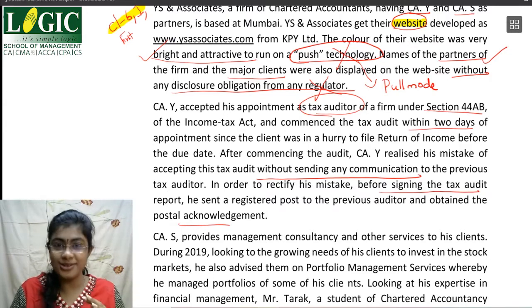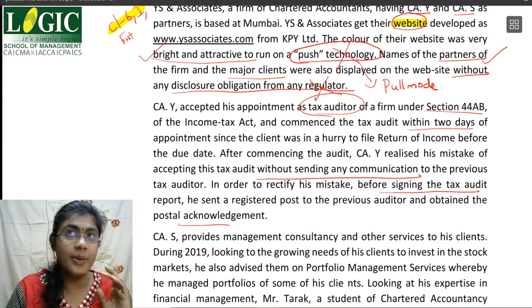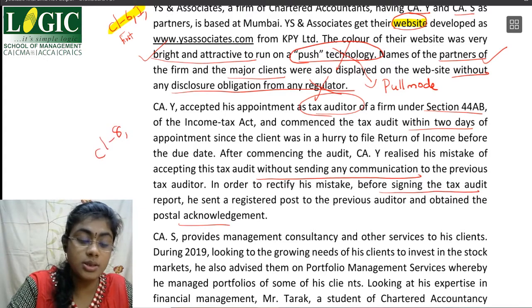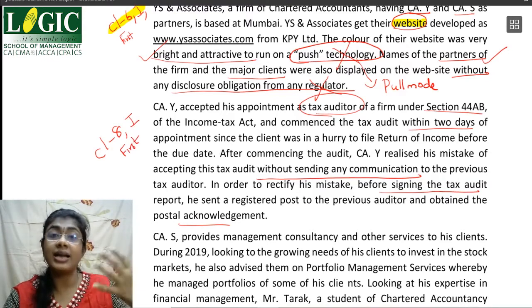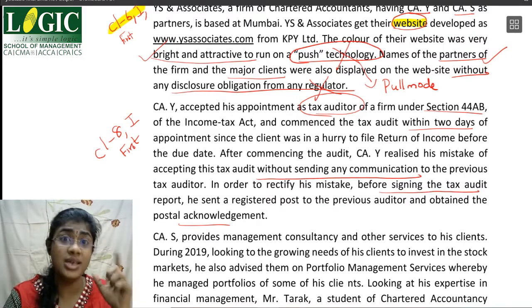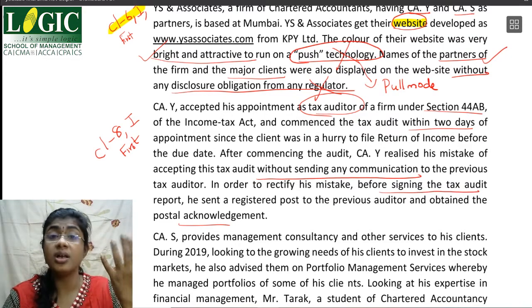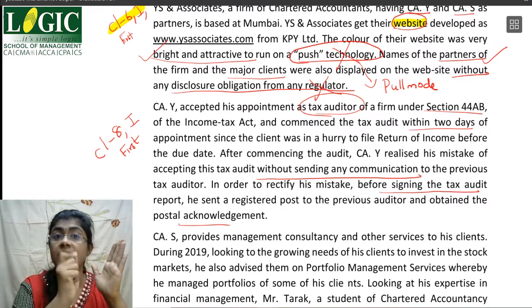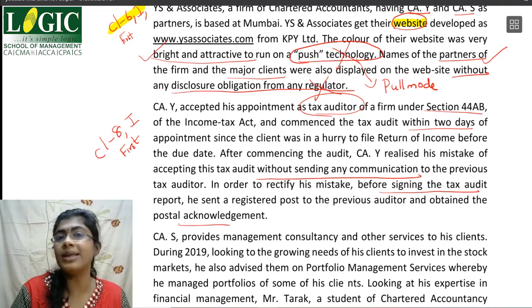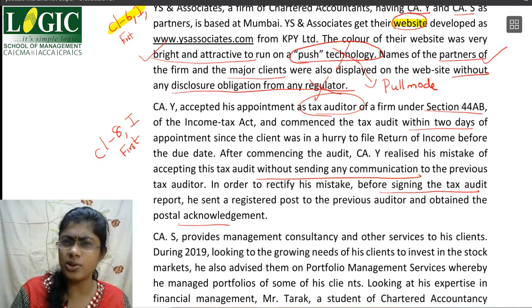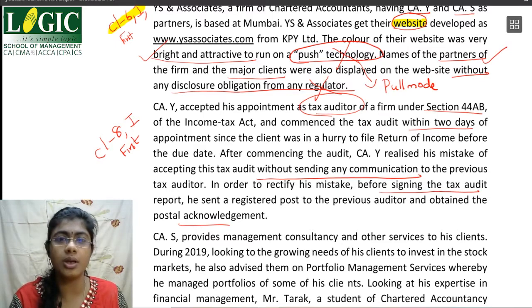Now, again pausing there, coming back to the ethics, we have Clause 8, Part 1, again First Schedule. Accepting an appointment which was previously held by a CA, chartered accountant, without first communicating in writing, he will be guilty. Is this communication mandatory for tax audit or is it only for statutory audit?